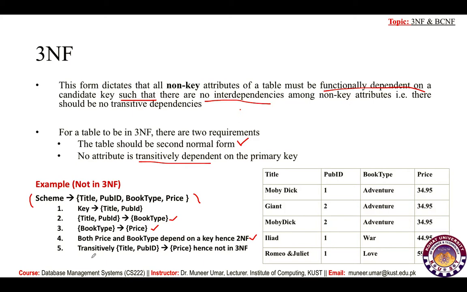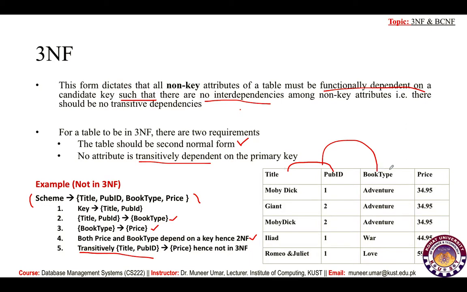Then what we have transitive here, the title and publication ID is determining price too. So this is not in third normal form. Here we have transitive dependency. The book title and publication ID is determining the book type.